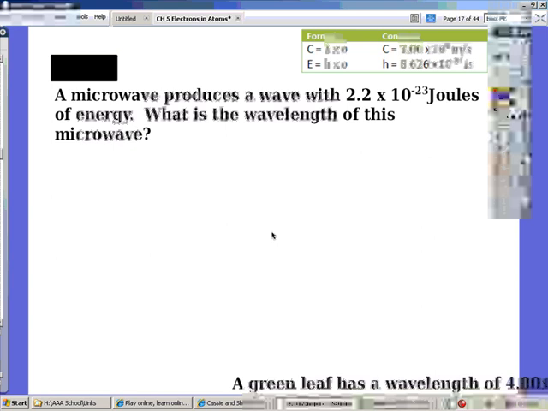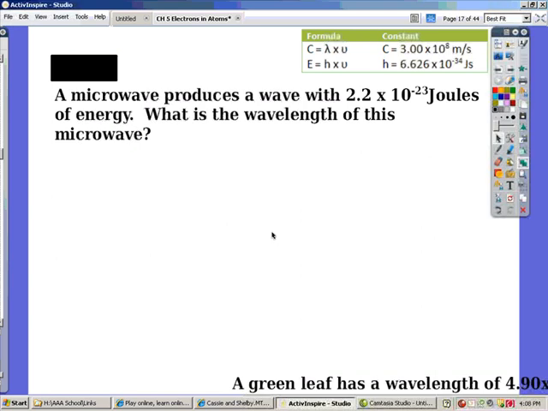So now I have another one to take a look at here. Got a microwave. It's going to produce a wave with, tells me how much energy it has. 2.2 times 10 to the minus 23rd joules of energy. And it wants to know what is the wavelength. So this time, look, I've been given the energy, and I want to know what is the wavelength.